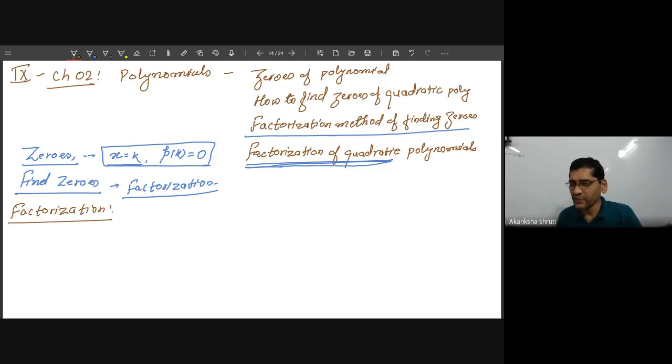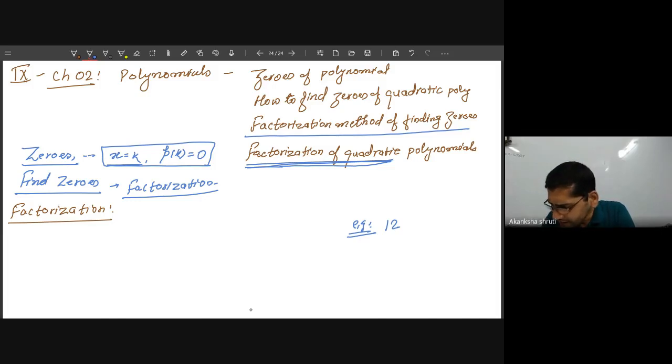Factorization for a quadratic polynomial or expression is similar to the factors of a number. Students, we have learned, say 12 is a number. Then what are the factors of 12? 6 and 2. Two or more than two such numbers which are able to divide this 12, that will give us the factors.